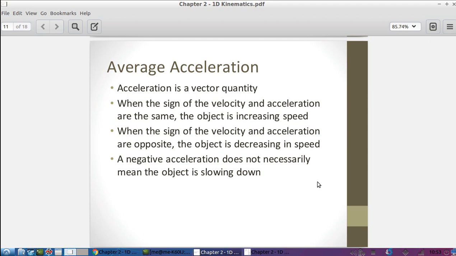So a negative acceleration doesn't necessarily mean that I'm slowing down, it just depends on the relationship between my velocity and my acceleration. Alright, so some things to look at when we start talking about using the kinematics equations and substituting vector quantities into our equations. We're solving for something. Typically, as long as we keep our signs straight, all the math will kind of do the heavy lifting for us.